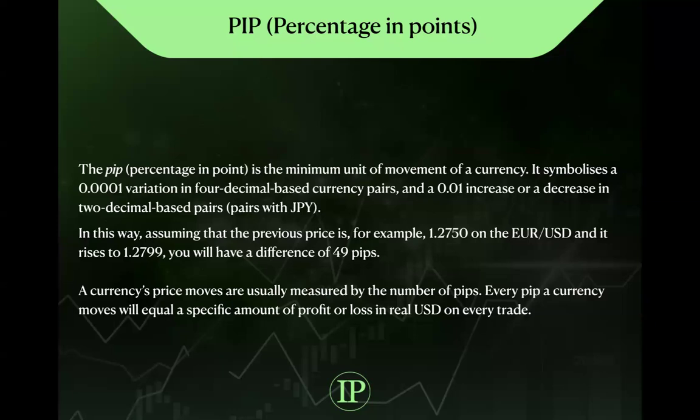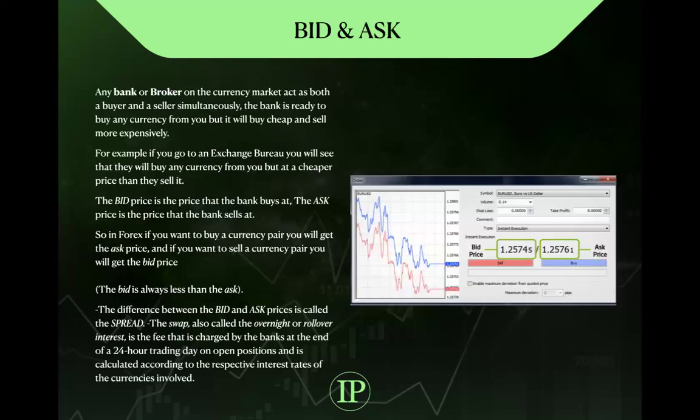Okay, this information is not very important, but it is good to know information, especially if you are speaking to someone else. Take a screenshot of this if you must, read it on your own, understand it, and basically just apply it to your knowledge. Okay, then we have the bid and the ask.